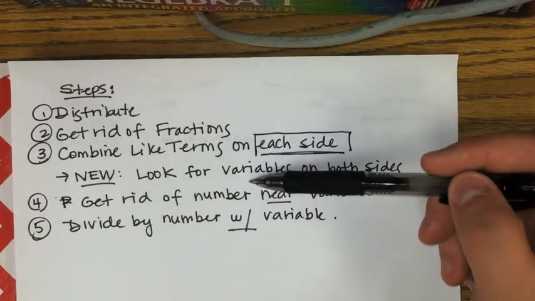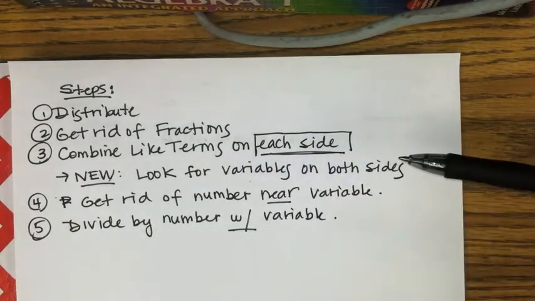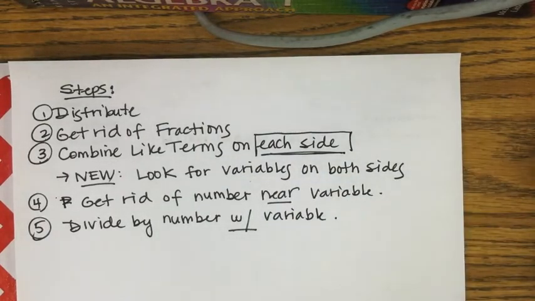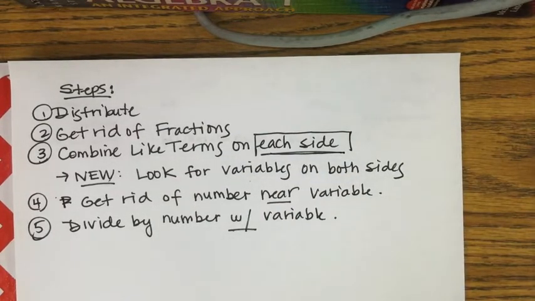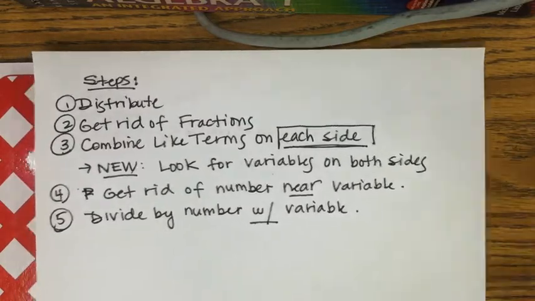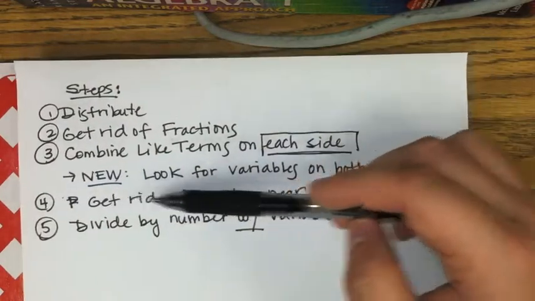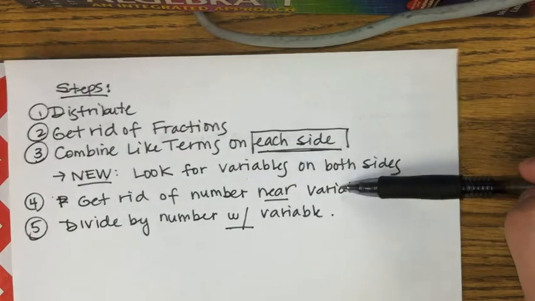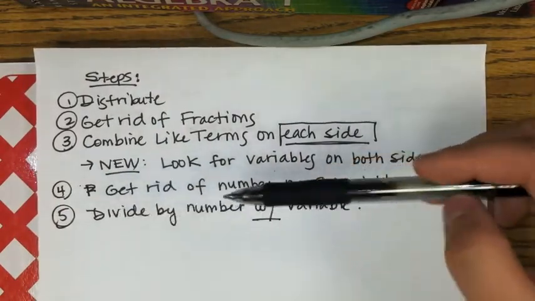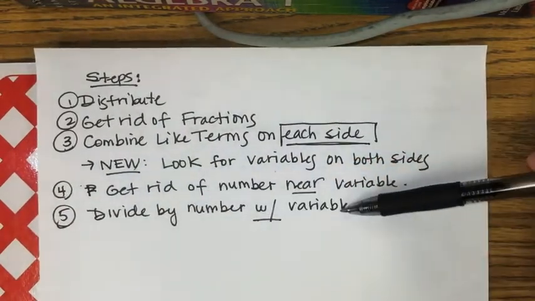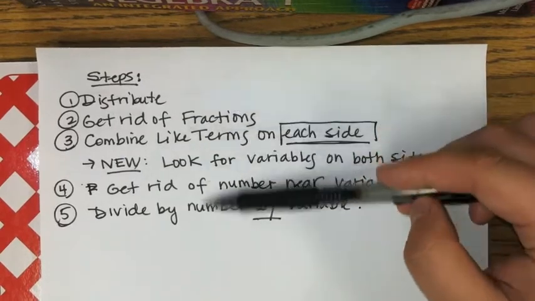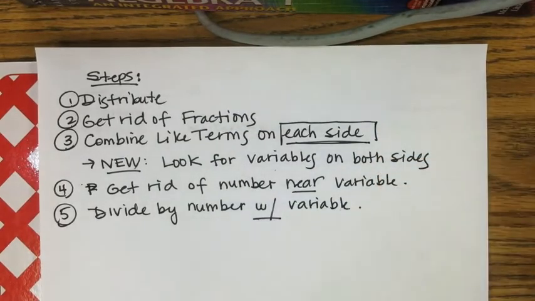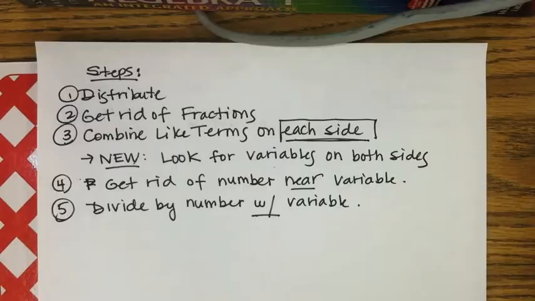We pause for a second to look and see, do we have variables on both sides? We're going to learn in a few moments what to do to get rid of those. Then step 4, you get rid of the number near the variable. And the last step, step 5, was to divide by the number with the variable. So again, follow these 5 steps and you'll be able to solve any multi-step equation that we have.